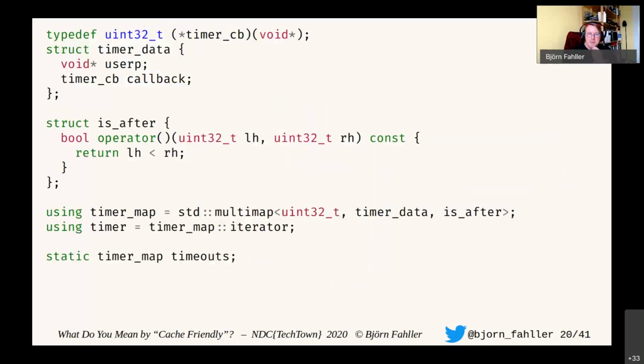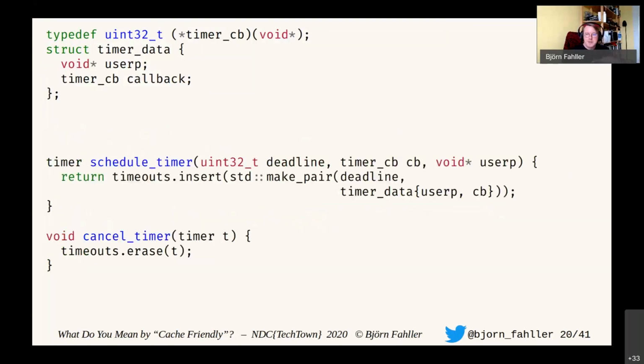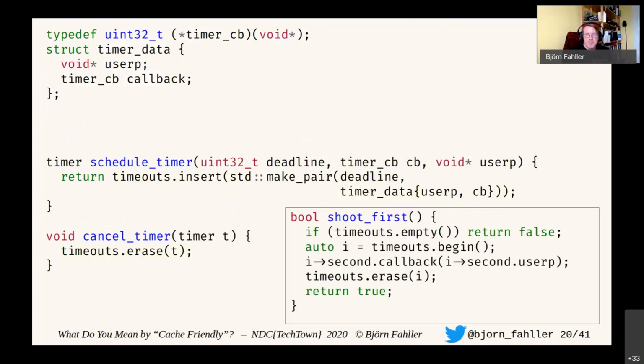So this is a super simple implementation. Our timer data is really just our pointers, and we use a multimap because we can have several timeouts with the same deadline. And our timer identifier is just the iterator. So schedule timer just inserts, we return the iterator, and cancel timer just erases. So it's super simple.